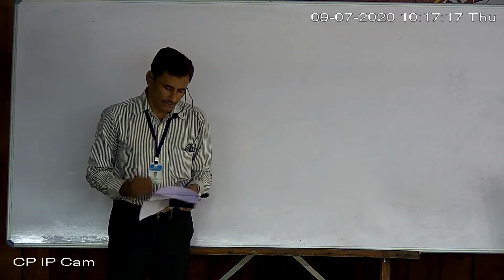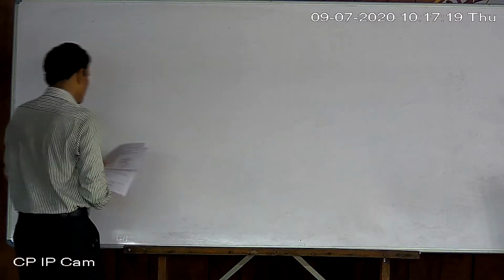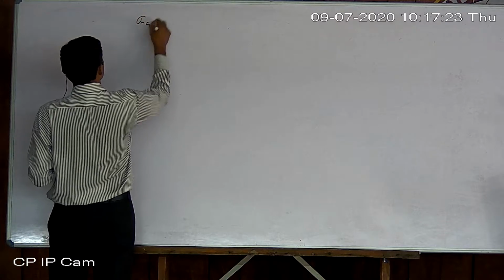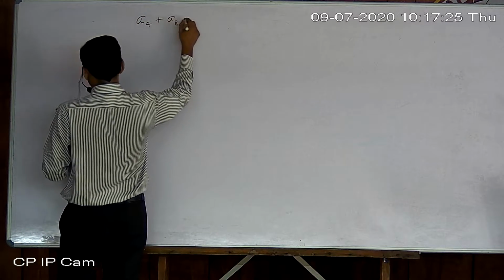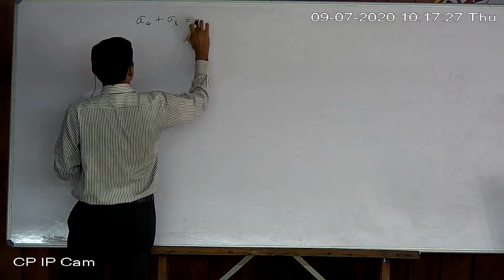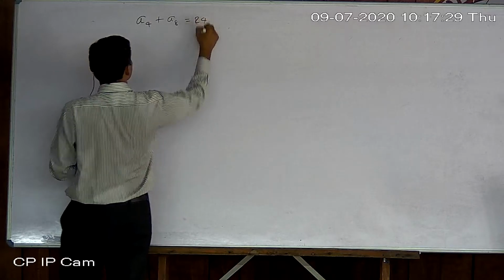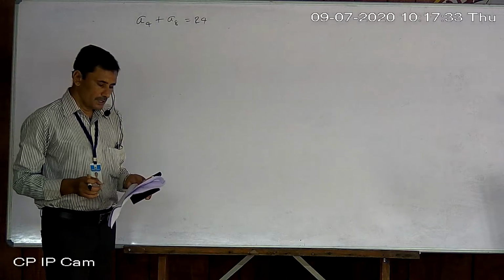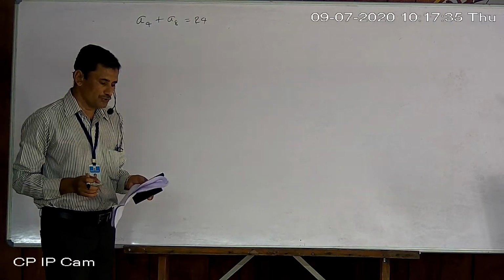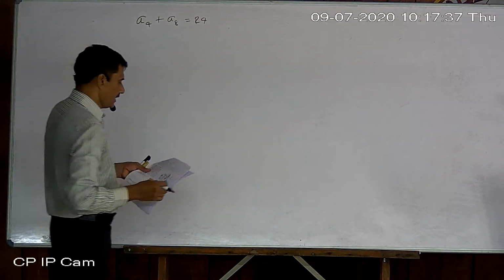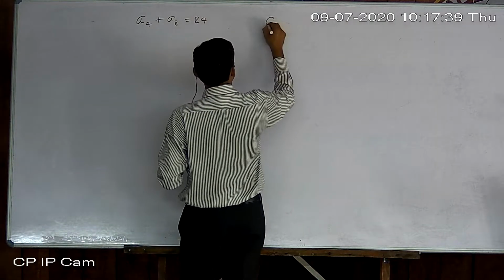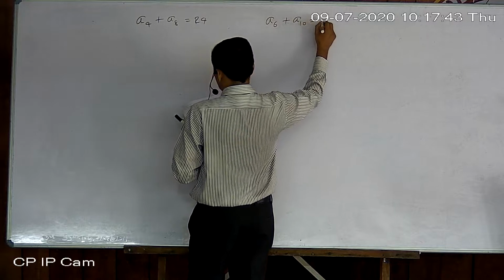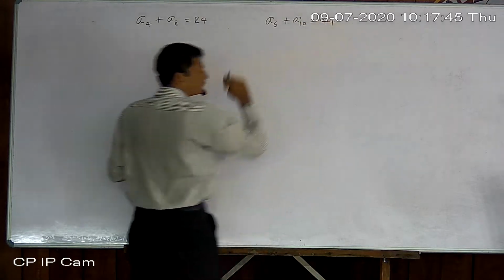Now look at the fourth and eighth term. So I can write A4 plus A8 equal to 24. The sum of both is 24, and the sum of the 6th term and 10th term is equal to 44.